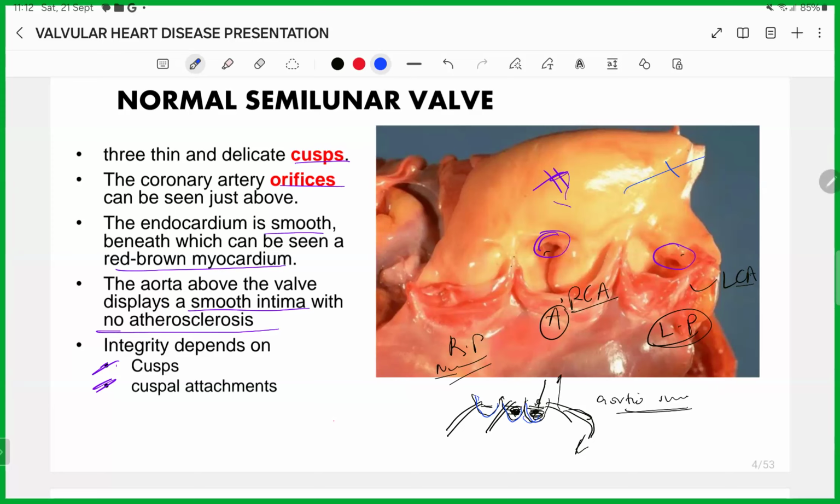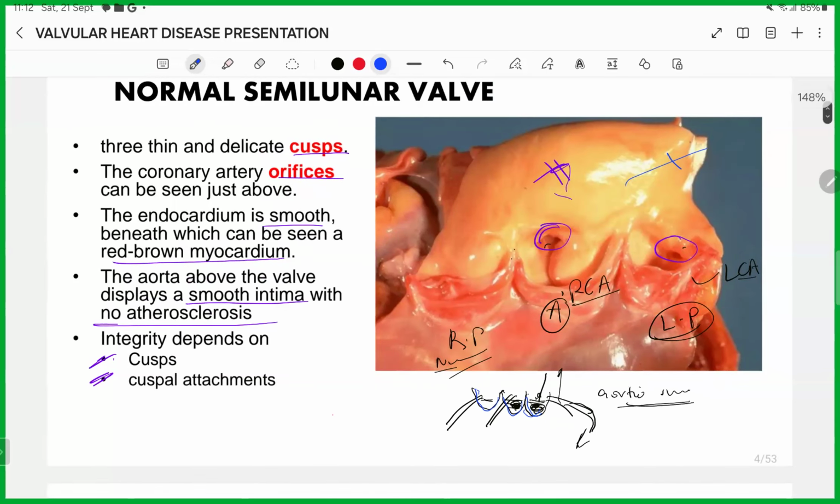And you usually have the right coronary artery coming from the anterior aortic sinus, the left coronary artery coming from the left posterior sinus, and then you usually have an uncoronary sinus, which is the right posterior sinus. And you have a similar kind of thing on the right, where you have the pulmonary artery, just that the names usually interchange.